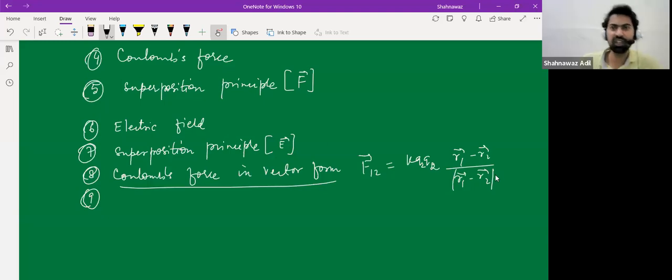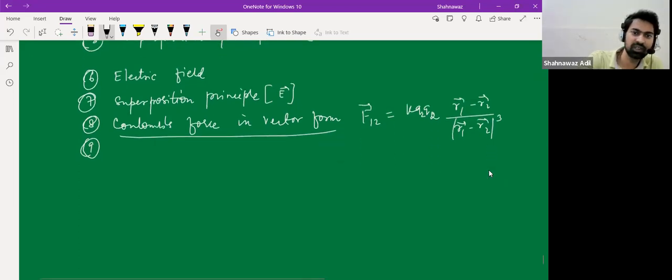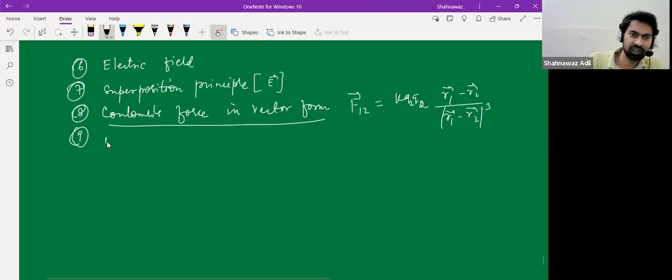Right. And then we learned about electric field lines.